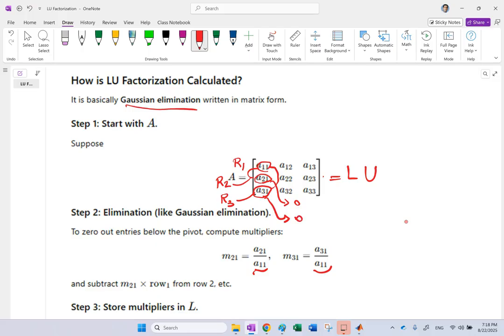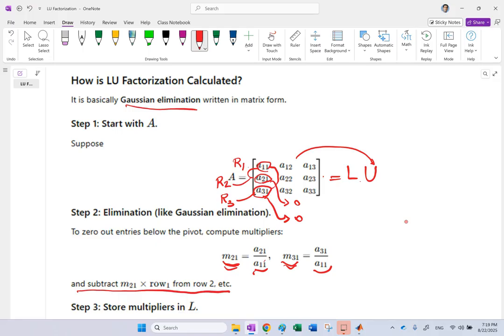We want to convert A basically into an upper triangular matrix. Then you multiply row R1 by this ratio, which here I call M21, right? And then I multiply row 1 by ratio M31 and basically subtract them from row 2 and row 3. And if I do that, I will get these two numbers into 0.